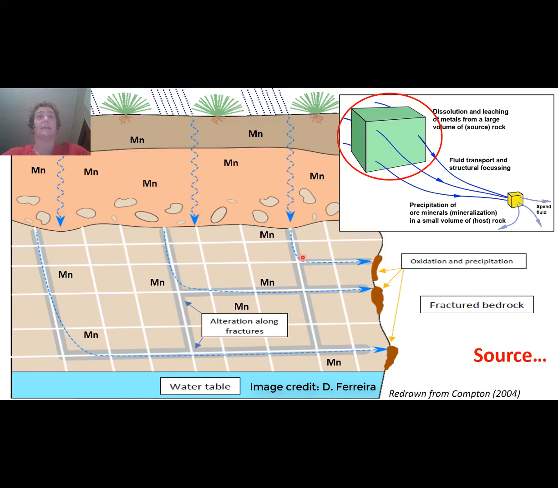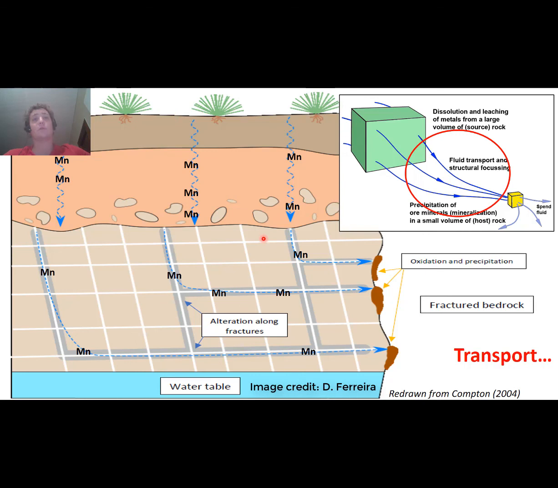The source of the manganese can be background concentrations that come both from the soil profile as well as from the surrounding rock mass. That water, which we call meteoric water, has the potential to pick up manganese from the surrounding soils and rocks and transport it through these fracture networks, which are highly prevalent in the quartzite units.